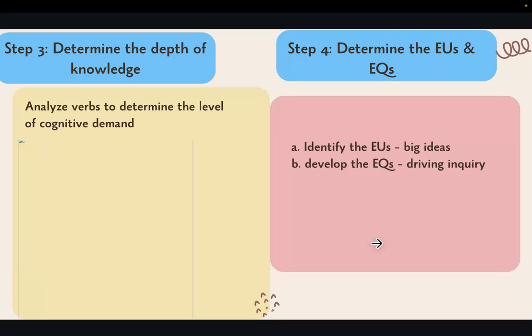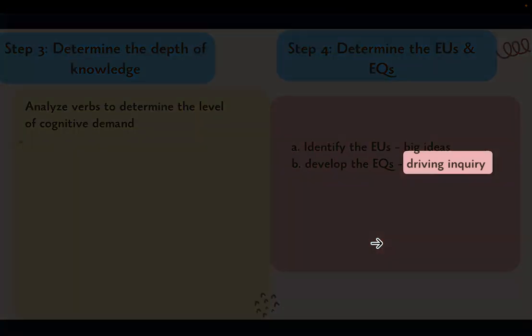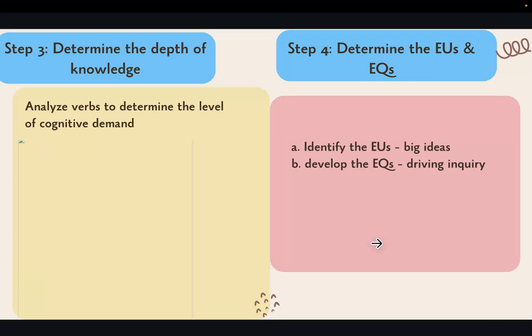We have to look at it and pull out what are the big ideas that I want my students to walk away with? What are the driving inquiry questions? It's from those standards that you're now going to frame your big ideas, your enduring understandings, and develop the essential questions that are going to drive inquiry and really be that engine of curiosity throughout the unit.